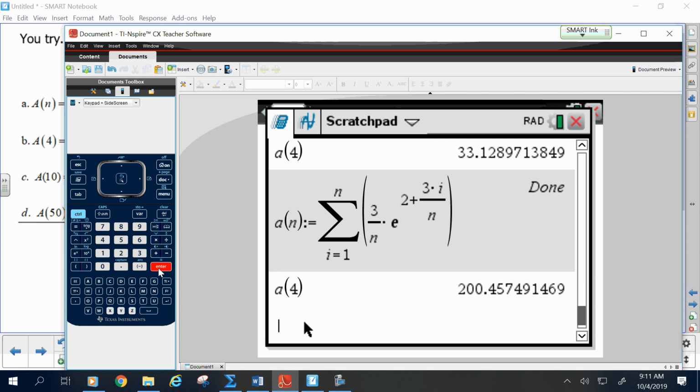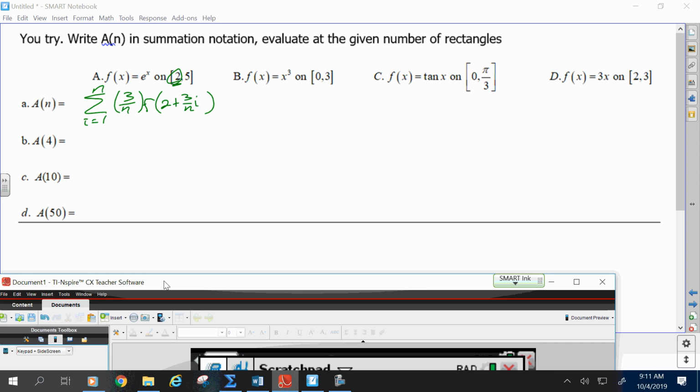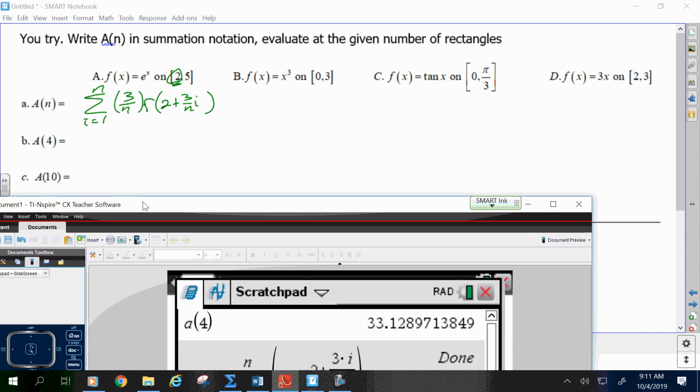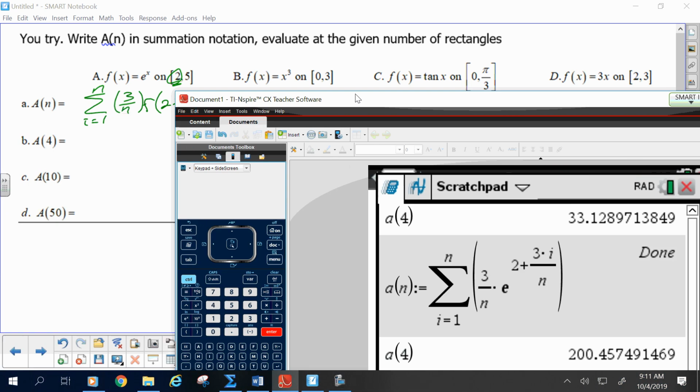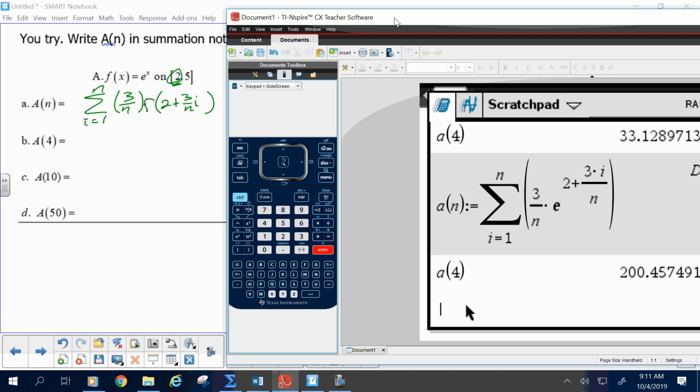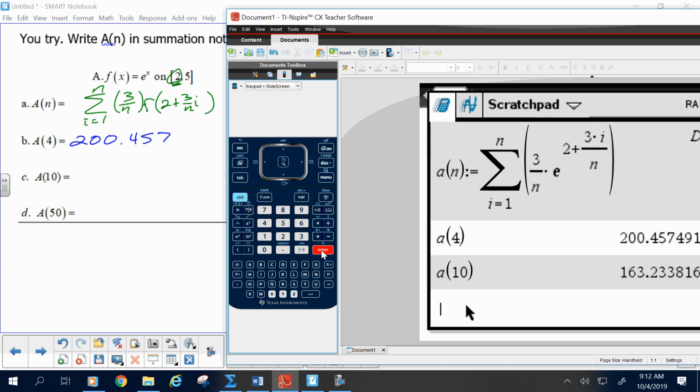Okay. So, you can see there are a lot of issues to work out. So, A of 4 is 200.457. Then A of 10 to see the better area is 163.233.